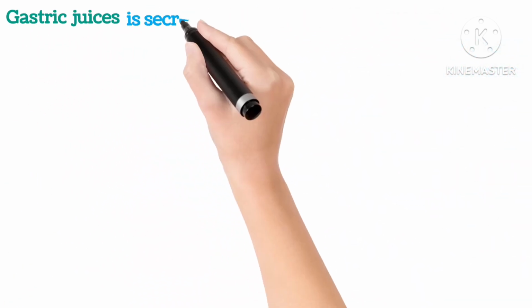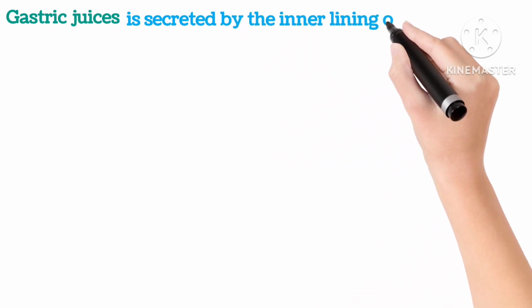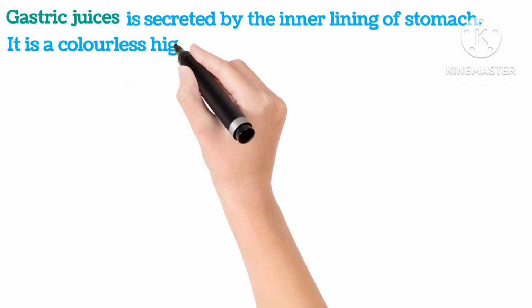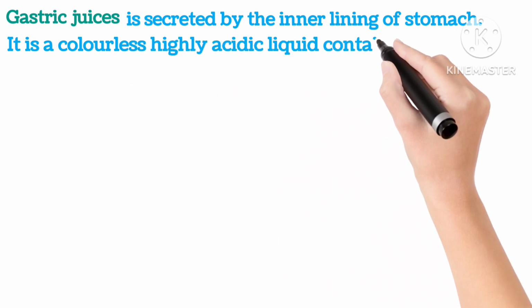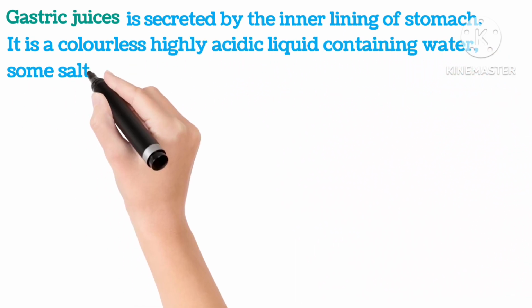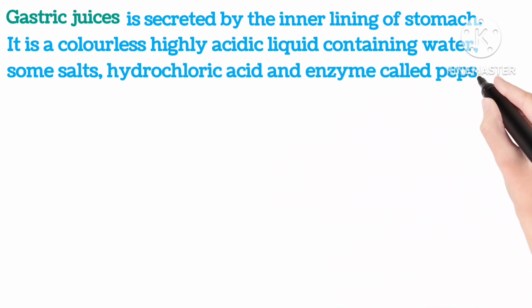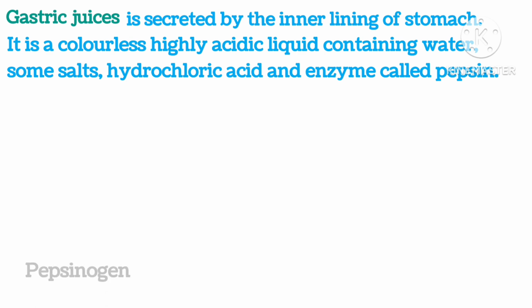Gastric juice is secreted by the inner lining of the stomach. It is a colorless and highly acidic liquid containing water, some salts, hydrochloric acid, and an enzyme called pepsin.